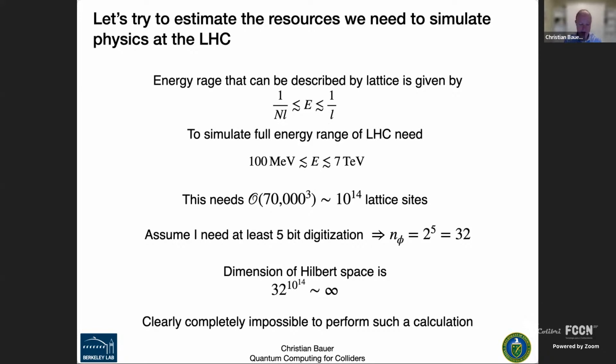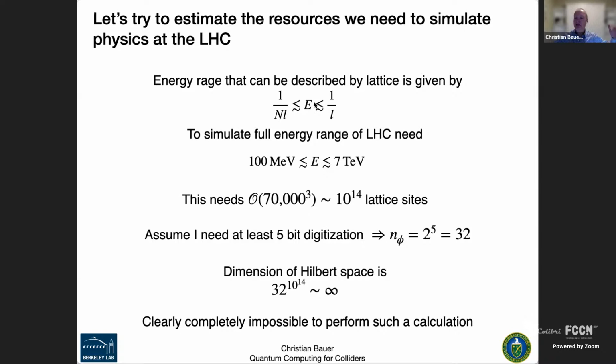You can understand that very easily because the energy of a mode is inversely proportional to its wavelength, right? And the smallest wavelength I can fit on a lattice with a given lattice spacing can't oscillate many times in between my lattice points, because I don't have any points to resolve that. So the largest energy I can resolve has a wavelength of order the lattice spacing. That tells me the highest energy I could do.